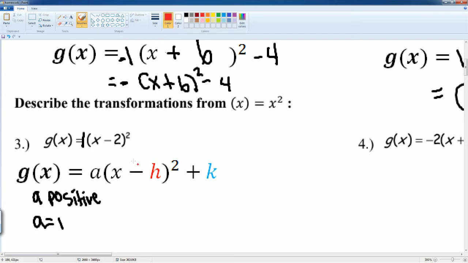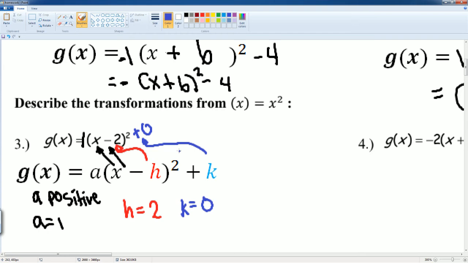Your h, take a look, it's just 2. It's not negative 2, because do you see x is here, that negative is already here. So h is just 2. Then your k, you don't see it here, but there's a plus 0. So k is equal to 0 here.